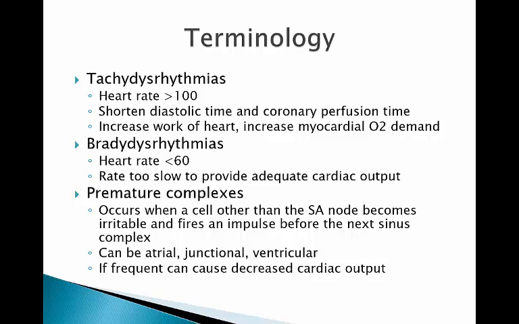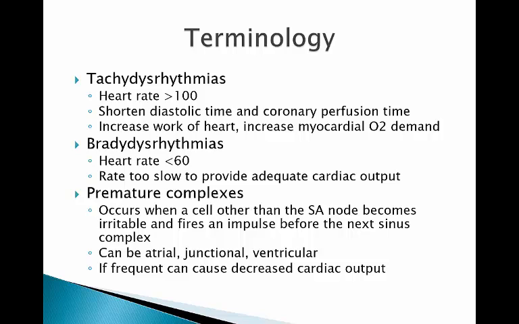We can have premature complexes. So that means that, let's say the SA node is firing and firing and firing and life is good, but then you get one little atrial or ventricular cell that says, hey, it's my turn, and they fire. Okay, so premature means that it comes too early. So when a cardiac cell other than the SA node becomes irritable and it fires or releases an electrical impulse, it's called a premature complex.